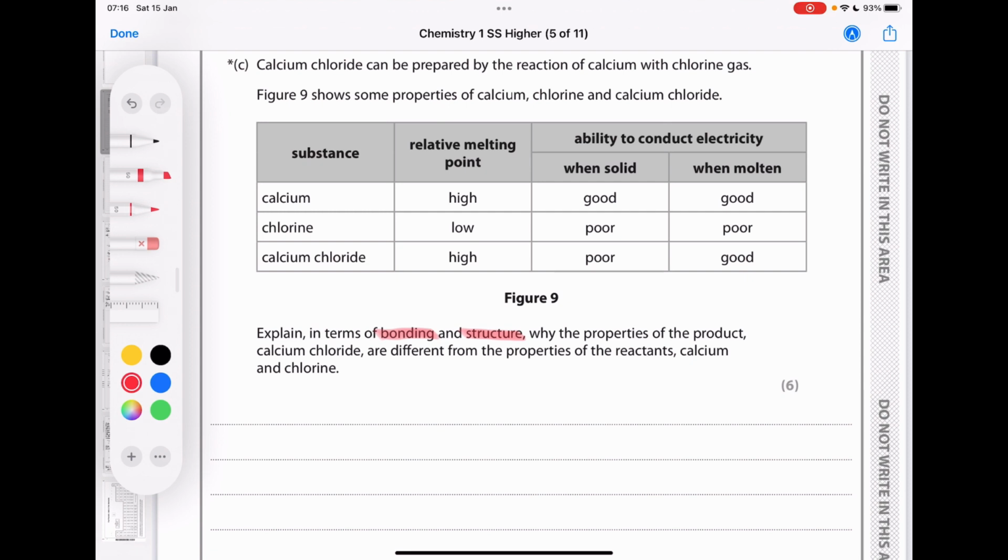No. You've got to talk about bonding and structure. And we should remember there are three main types of bonding. There is ionic, there is covalent, and there is metallic.